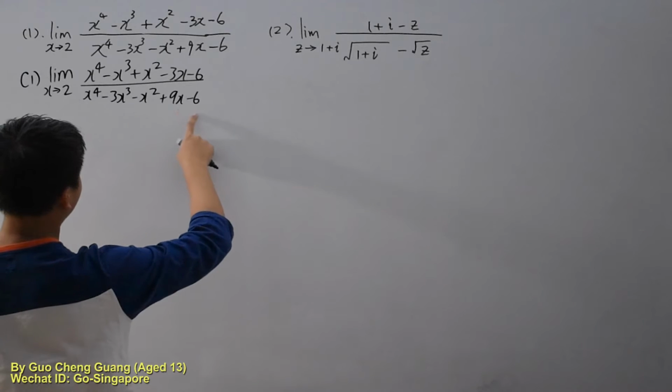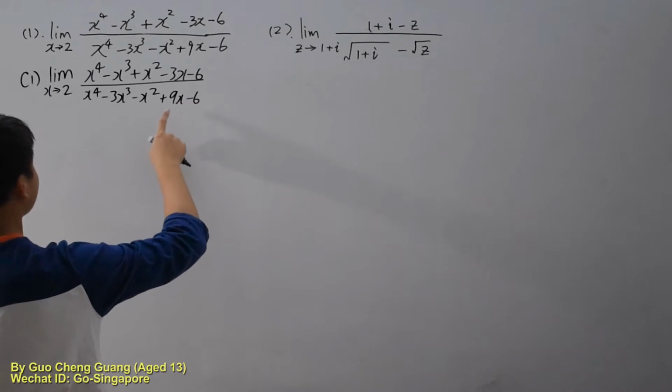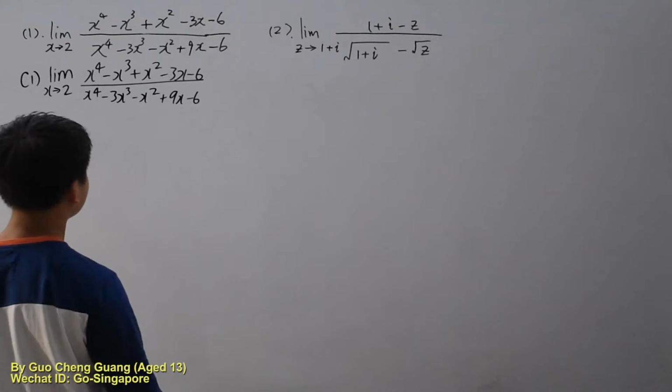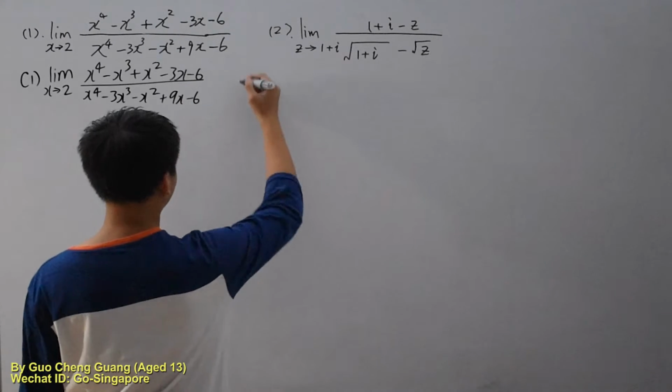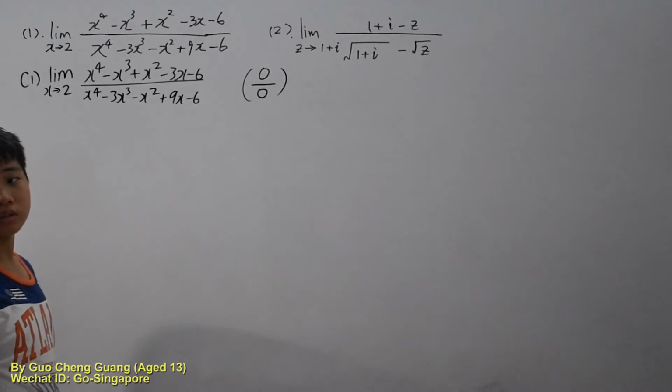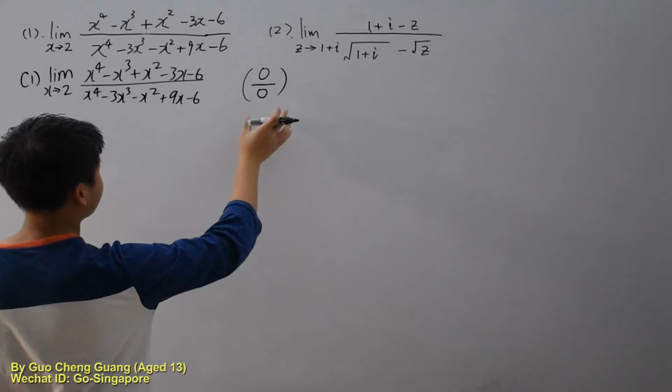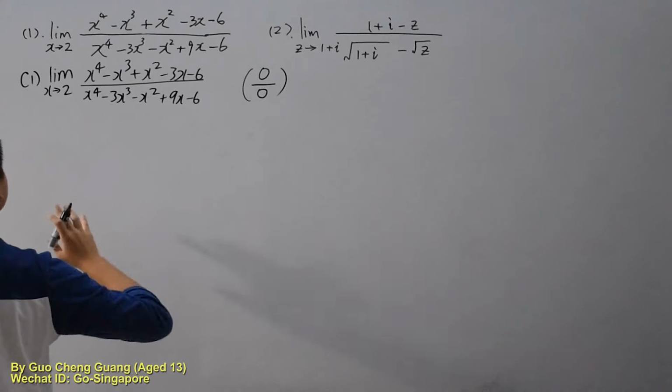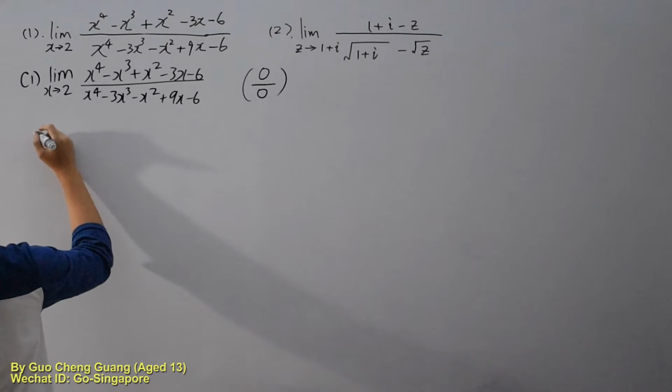Negative 12 minus 6 would be negative 18, and here is plus 18. So this is in the form of 0 over 0, so we cannot use direct substitution right now.